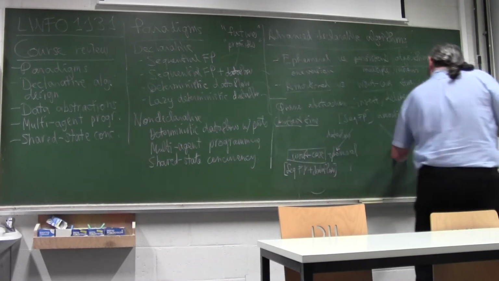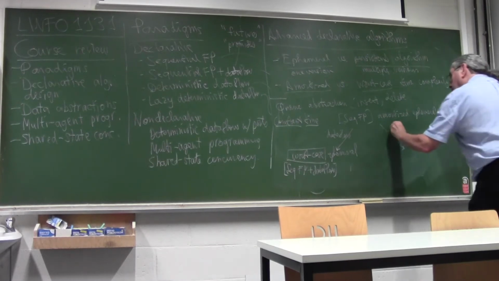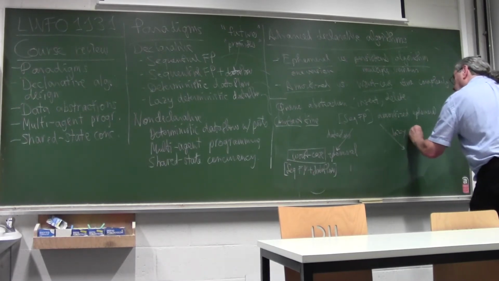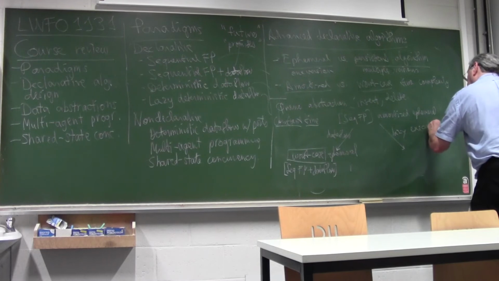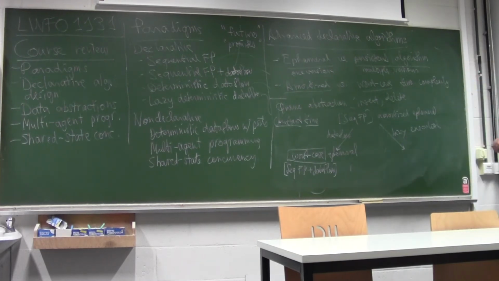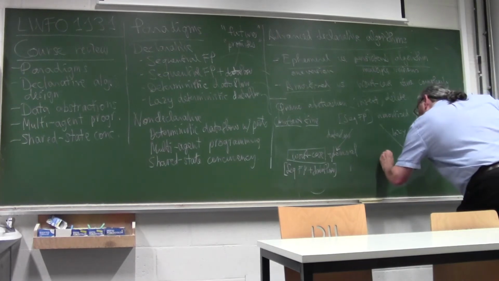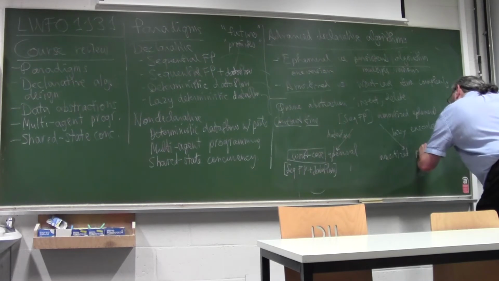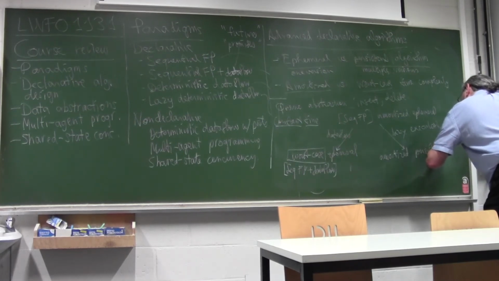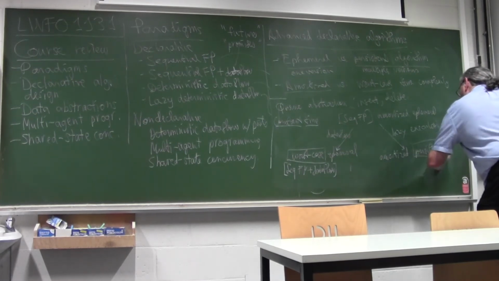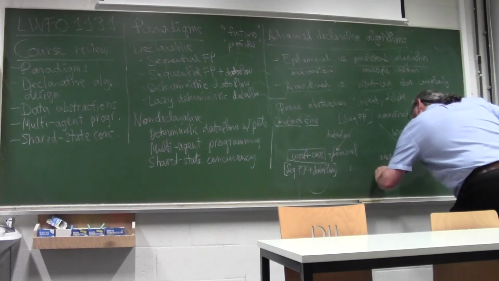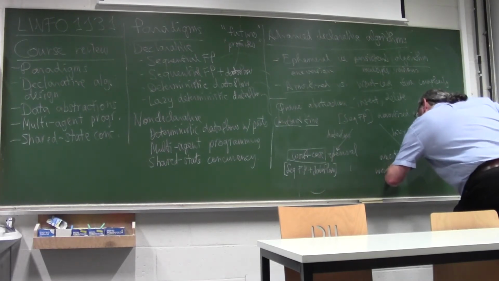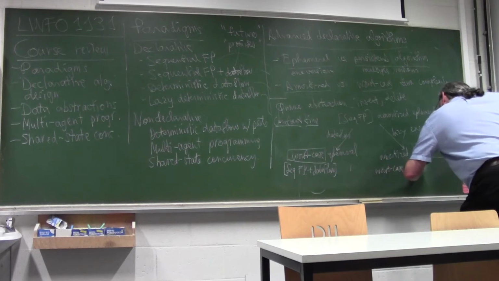On the other side, you can add lazy execution. And what lazy execution lets you do is turn the ephemeral into persistent. So you can have an amortized persistent version. And if you're clever, in many cases you can also make worst case persistent.